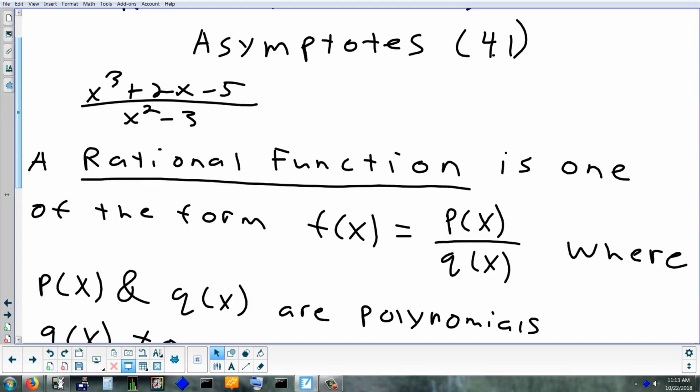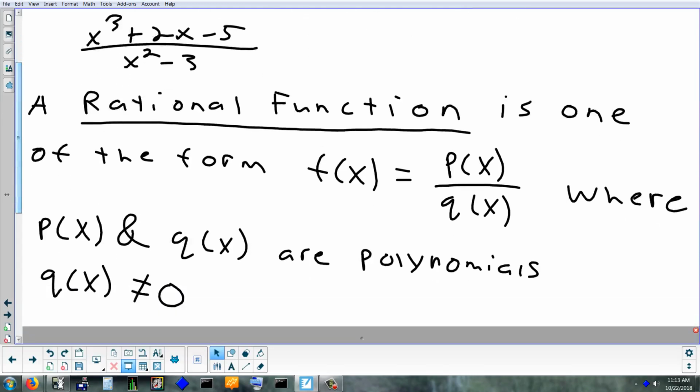And q of x could never equal what? Because if we did this, we would divide by what I'm thinking. Right, q of x could never equal 0. It's got to be something that's not 0. Anytime you've got a variable in the bottom, we've got to check, could that equal 0?